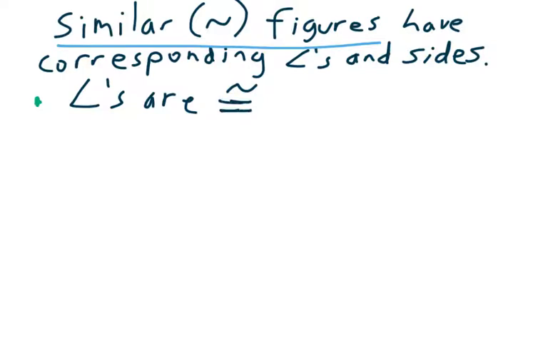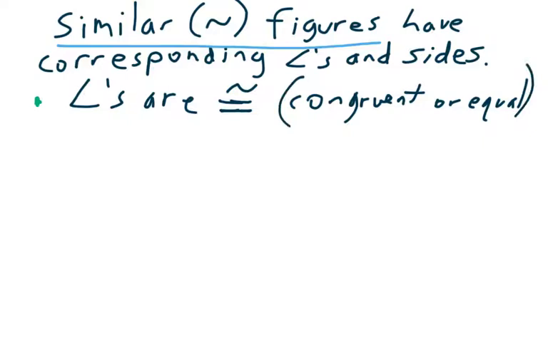And we're going to write that word down, congruent. And congruent just means equal or the same. So the angles are going to be the same. The corresponding angles are congruent. But the sides are not going to be the same because one's bigger and one's smaller.